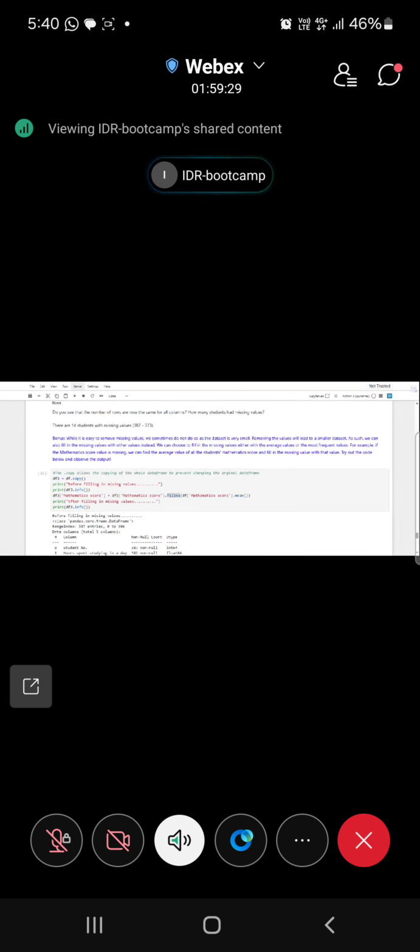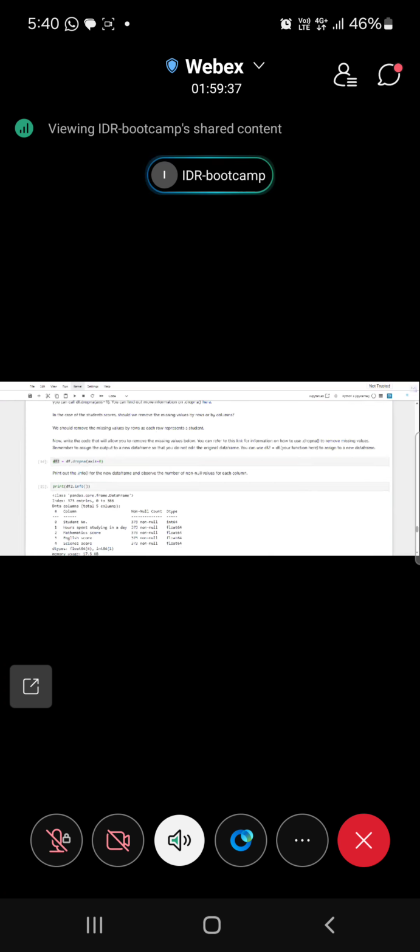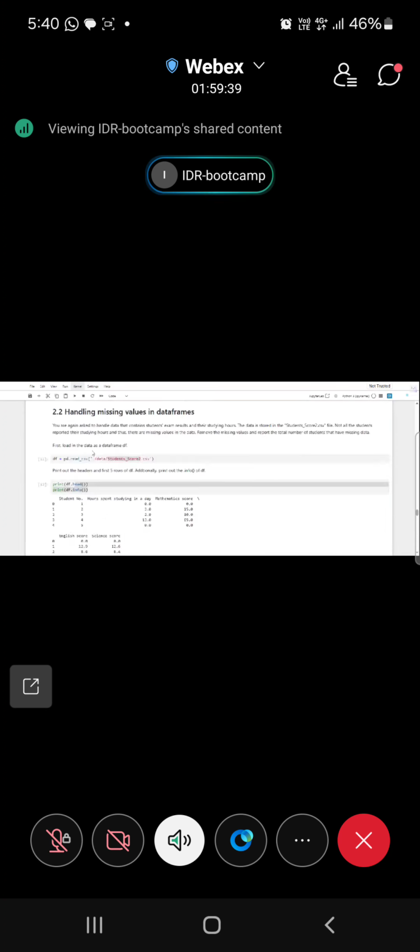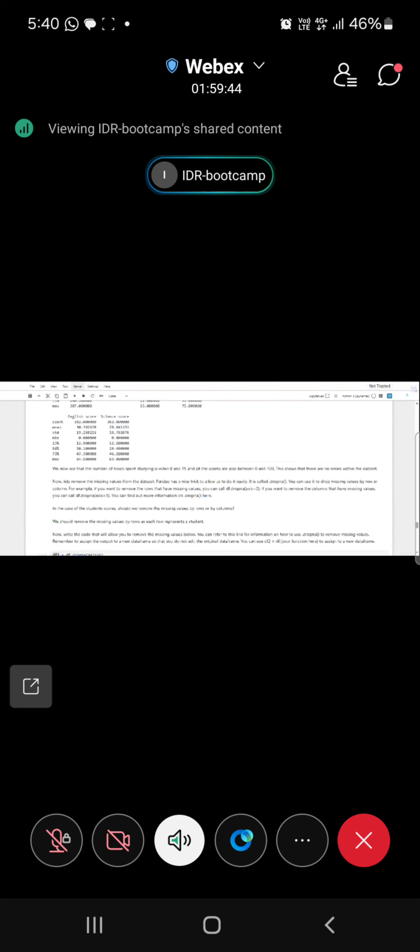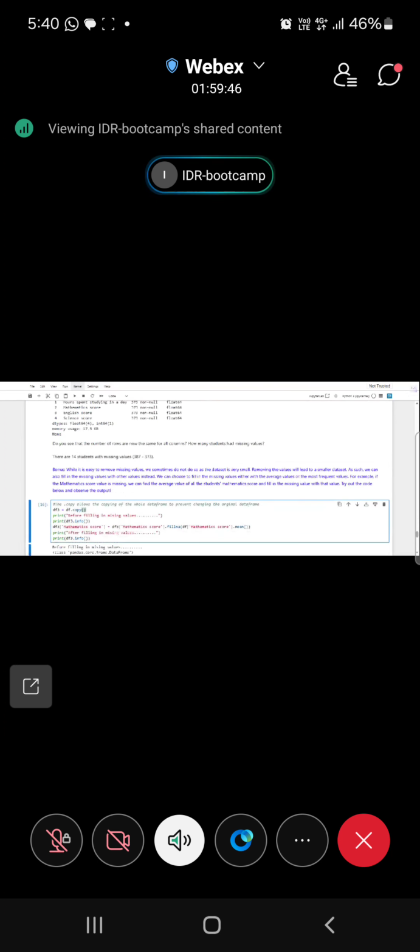Okay, so let's say df3. Here we create a variable and we copy the entire original data set, df, what you have uploaded over here. Using this function df.copy(), the entire data set gets copied into the variable.